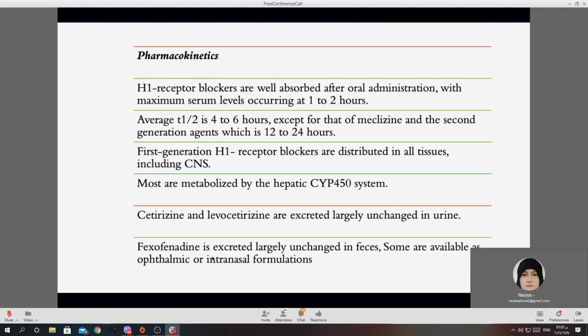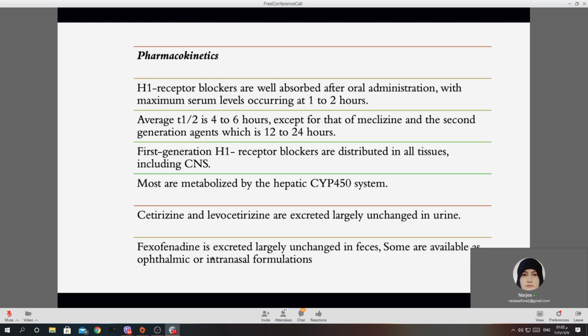Again, H1 antagonists are distributed in all tissues, including the CNS, causing depression. They are mostly metabolized by liver enzymes, specifically the CYP450 system.